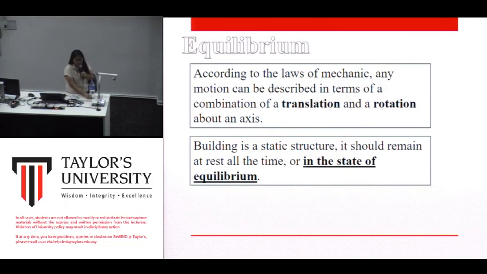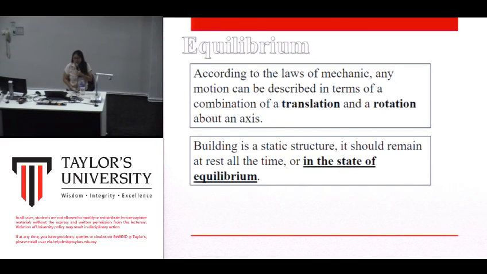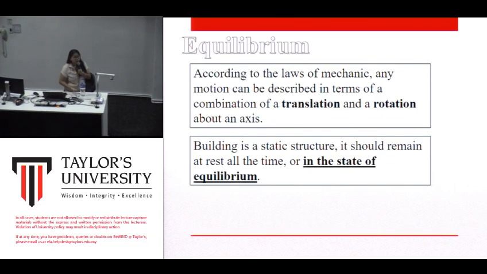However, the beam, of course, will move slightly. It should remain at rest all the time, or in the state of equilibrium, meaning to say all the force acting on this structure must be balanced by a reaction force, the reaction force at the foundation.